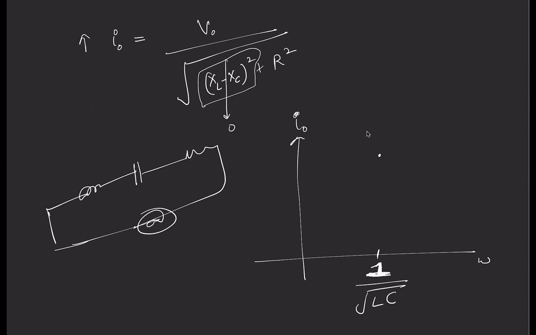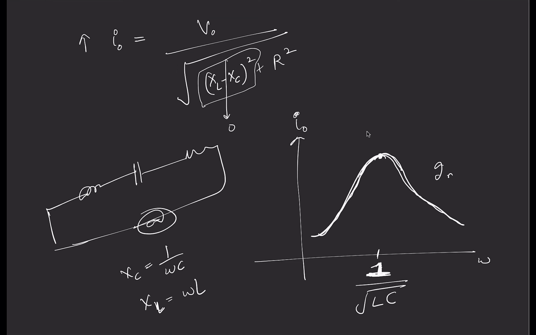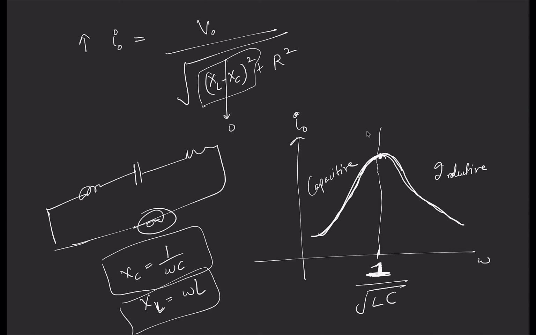The peak current would be maximum at this frequency. When the frequency increases, XC equal to 1 upon omega C would decrease, and XL equal to omega L would increase. So the circuit would become inductive because XL would dominate XC. If omega decreases, it would become capacitive, and at omega equal to 1 upon root LC, it would be in resonance.